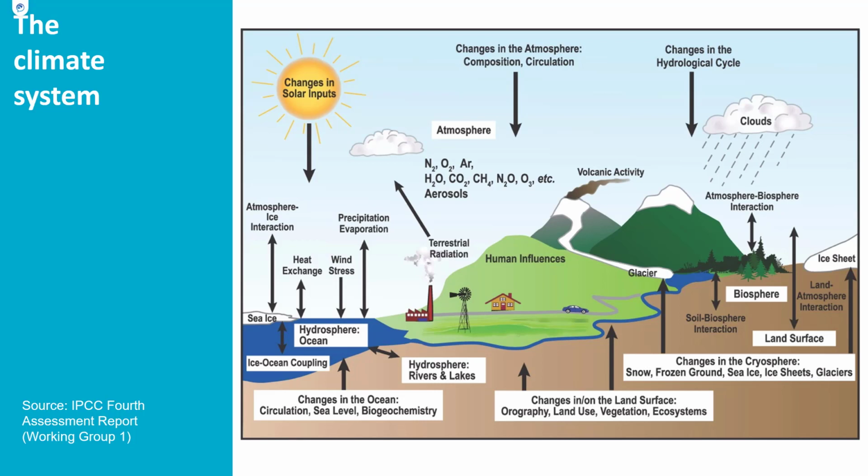Basically, it's divided into 5 major components: the atmosphere, the hydrosphere, which is the water, and the cryosphere, which is where all of the ice sheets and so forth are, particularly around the poles, the lithosphere, which is just a fancy word for the land, and the biosphere, which relates to all of the living stuff like the forests and the crops and the humans and the other animals on the planet.